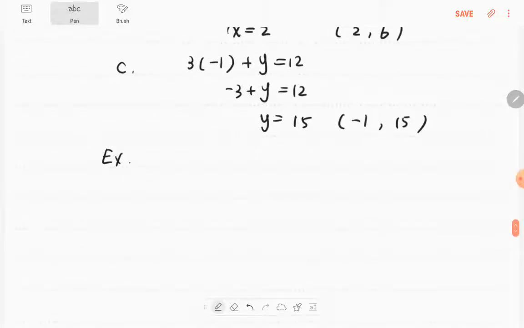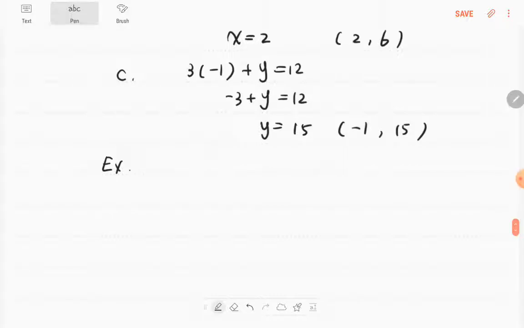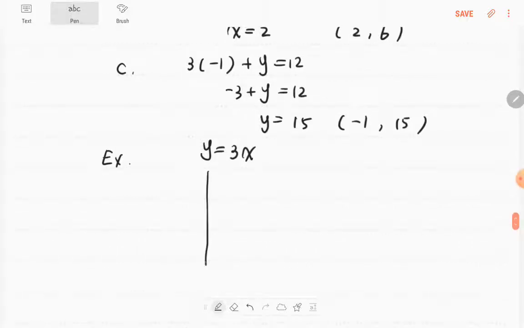This time we want to complete the table of paired values. This time we list several paired values in a table. For example, first we have this equation, y is equal to 3x, and we also list the table we have.